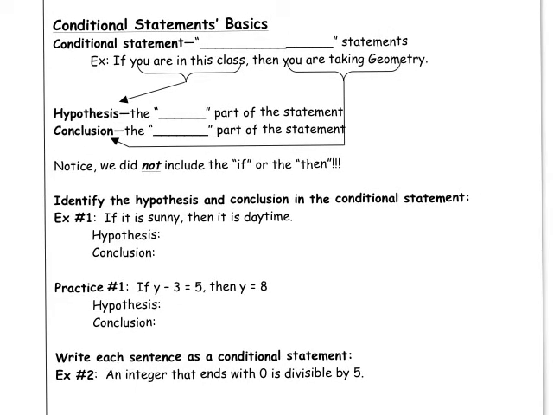Conditional statements basics. Conditional statements are if-then statements. So example, if you are in this class, then you are taking geometry. The hypothesis is the if part of the statement, and the conclusion is the then part of the statement.